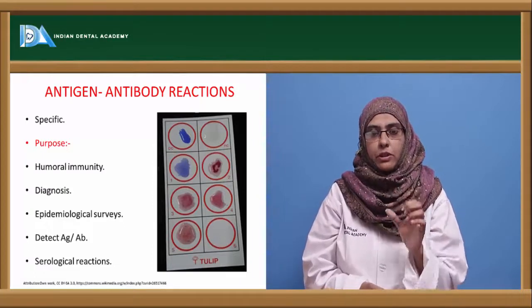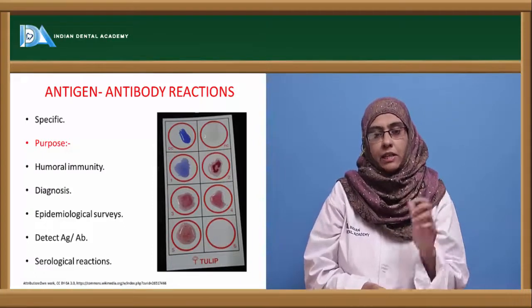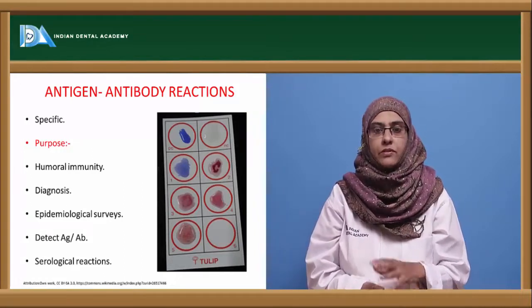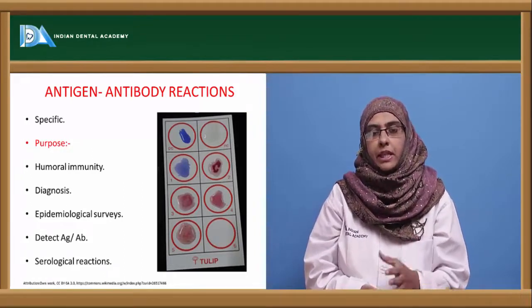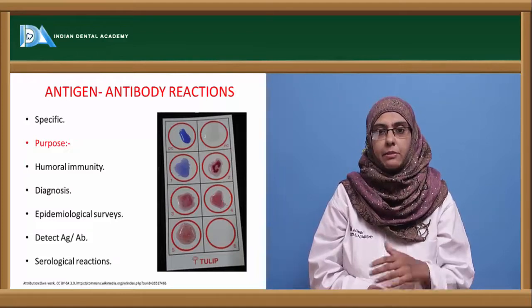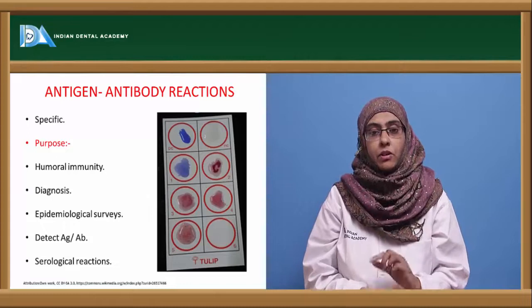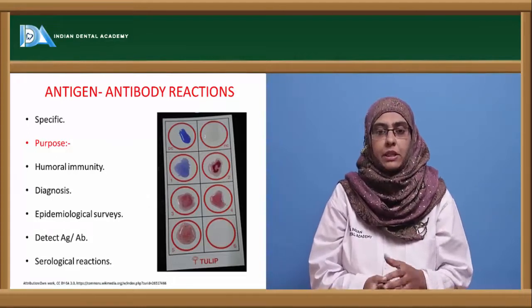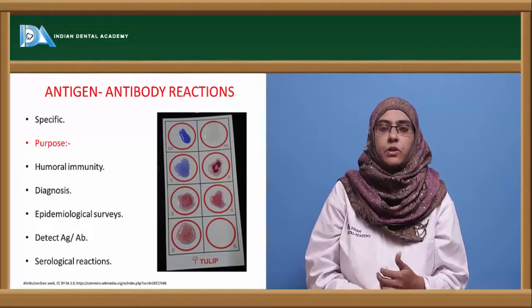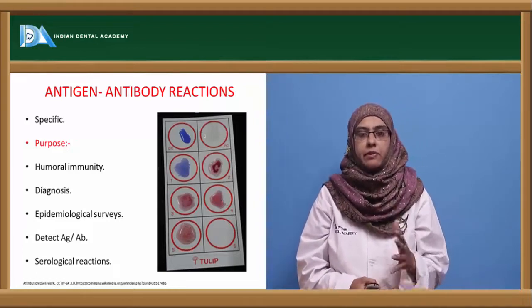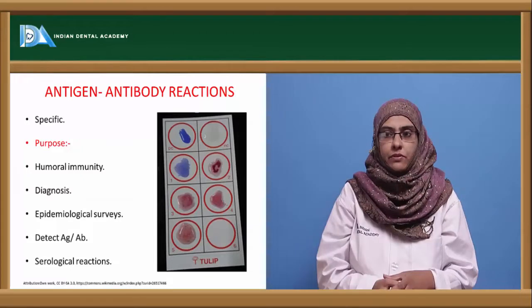So the most important thing to eliminate the antigen in vivo is the elicitation of the humoral immune response. The first purpose served by this antigen antibody interaction is the elimination of the antigen by eliciting the humoral immune response. Remember, it is not the antibody that eliminates the antigen, but a complex immune response towards a particular antigen that helps to eliminate it, protecting the human host from different types of diseases.